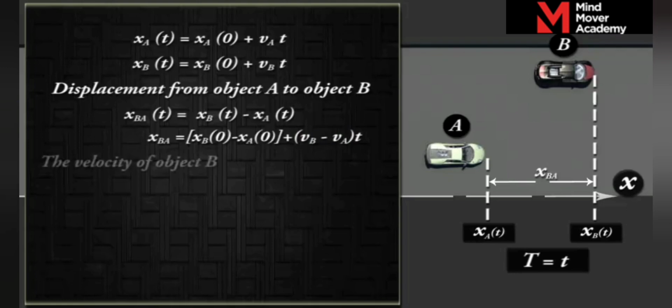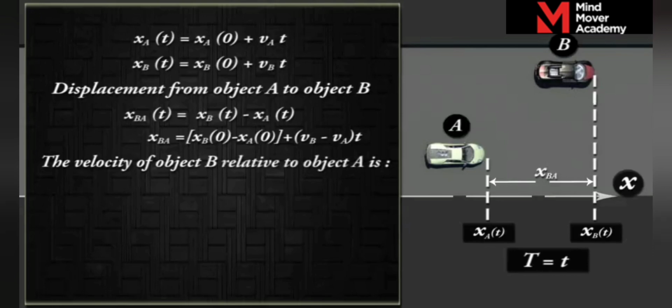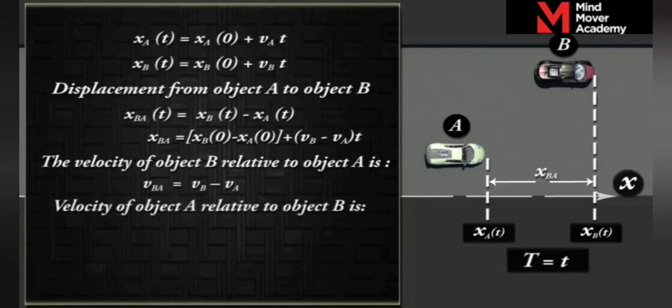We say that the velocity of object B relative to object A is VBA is equal to VB minus VA. Similarly, velocity of object A relative to object B is VAB is equal to VA minus VB. VBA is equal to minus VAB.